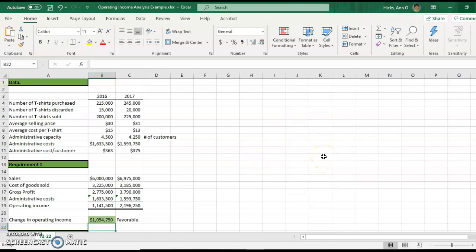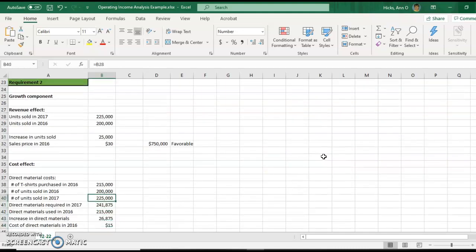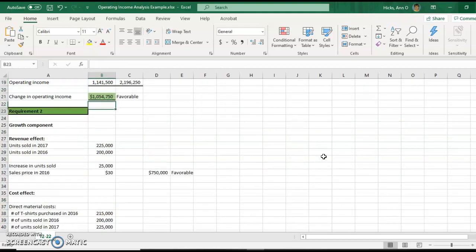Okay, so requirement 2 then wants us to calculate these various components we talked about in order to identify how much each contributed to the change in operating income. Let's first look at the growth component, which consists of a revenue effect and a cost effect. So in other words, how much did our change in operating income occur because we sold more units or because we used more or less input in the production of the units we sold. So let's look at the revenue effect first.